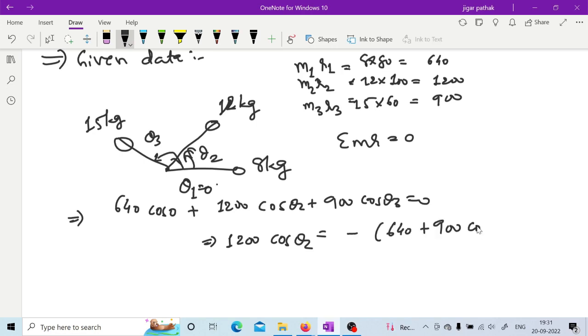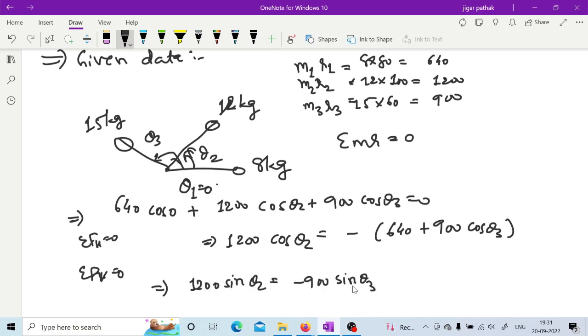So this is from sigma fh equal to 0. Similarly, if you go for sigma fv equal to 0, then you will end up with 1200 sin theta 2 is equal to minus 900 sin theta 3. There will not be any component for 640 because 640 sin 0 will be 0.